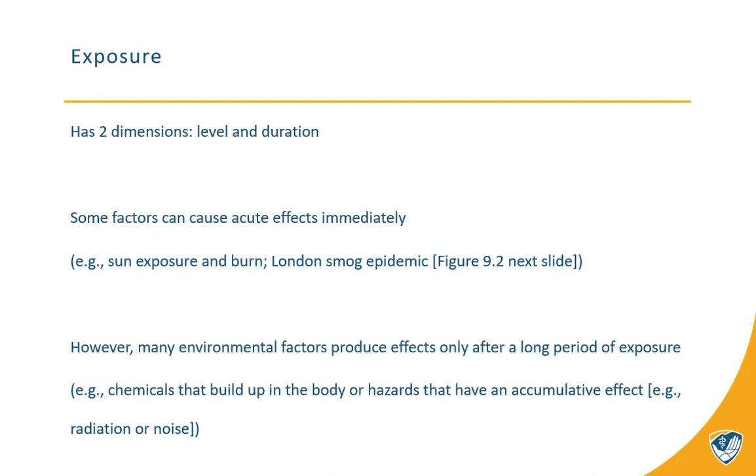For environmental factors that cause acute effects more or less immediately after exposure starts, the current exposure level determines whether effects occur. For instance, the London smog epidemic of deaths from lung and heart disease is shown in the next slide in figure 9.2. It's one of the world's first major environmental disease outbreaks that was documented in detail.